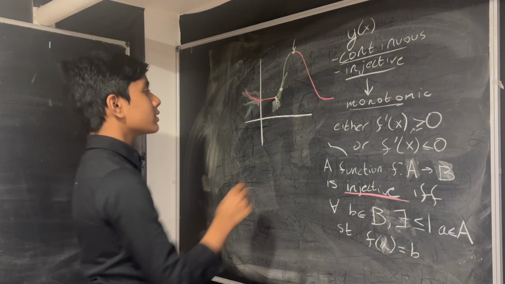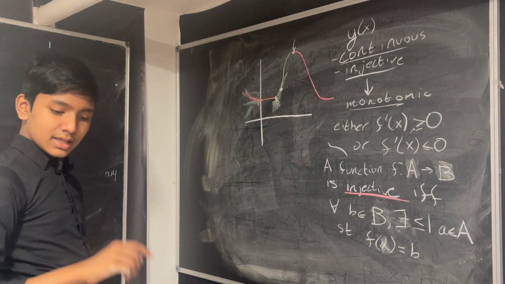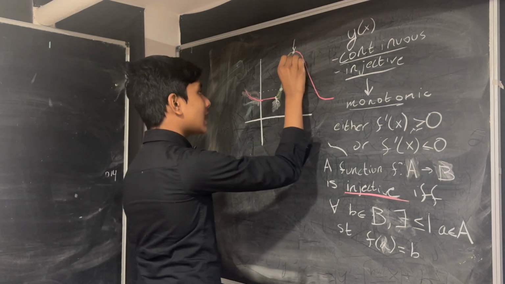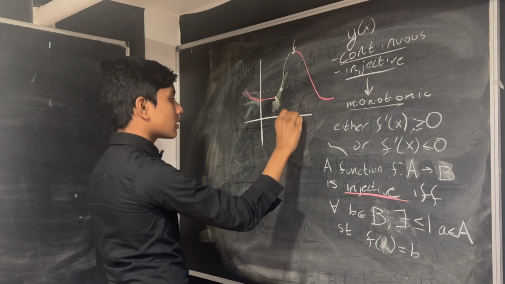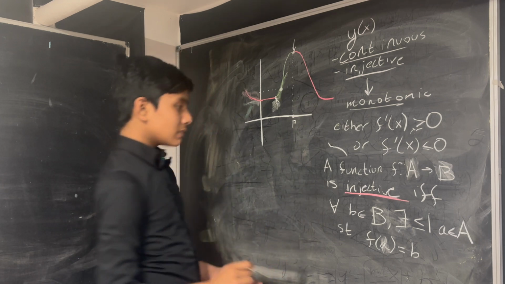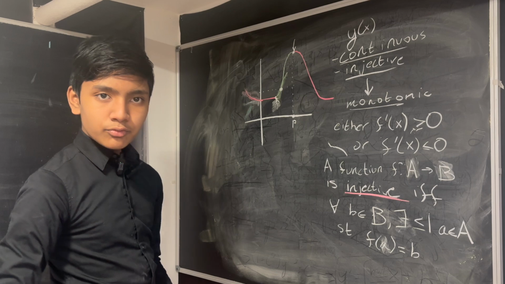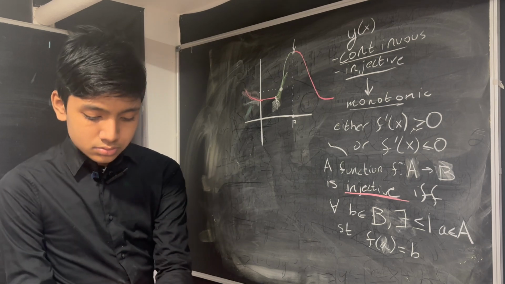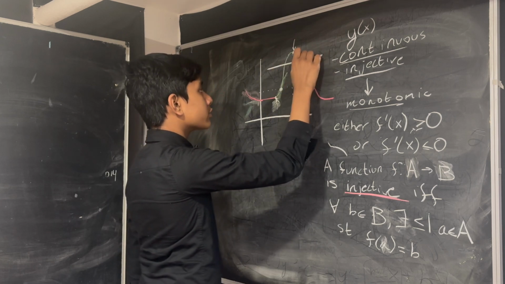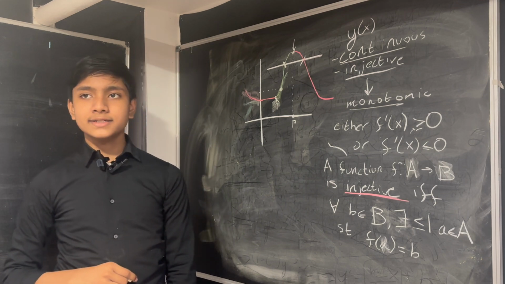Well, let's do it on the maximum that we have over here instead. So let's say this maximum occurred at some point P, right? So now you'll notice that if I draw a line anywhere near the maximum, it cuts right through these 2 places.